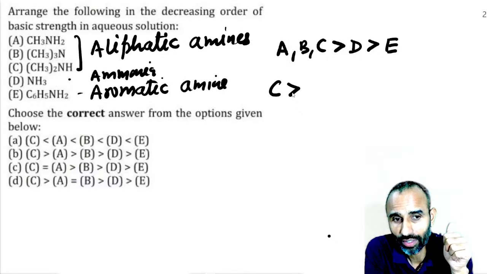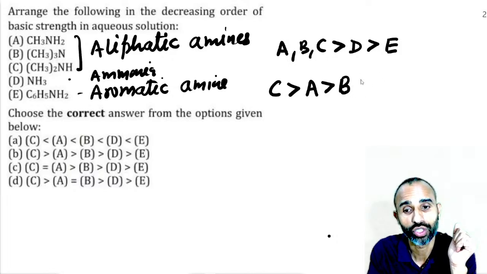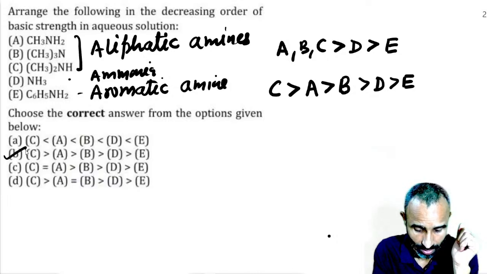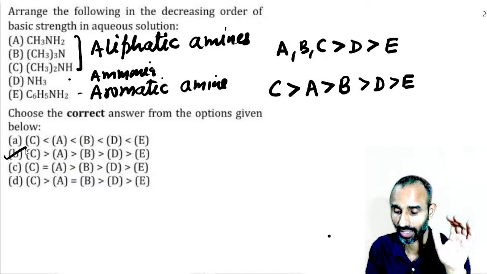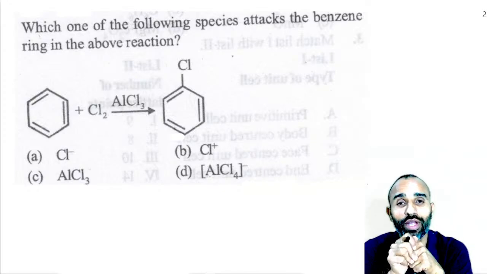Hydrogen bonding, and that's why primary amine is more basic than tertiary. So this is the order: C, A, B, D, E. That means B option is correct.